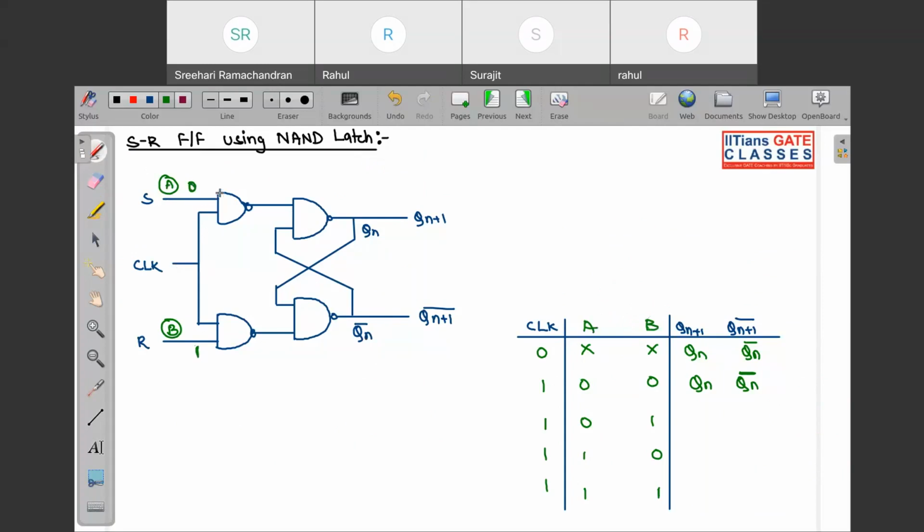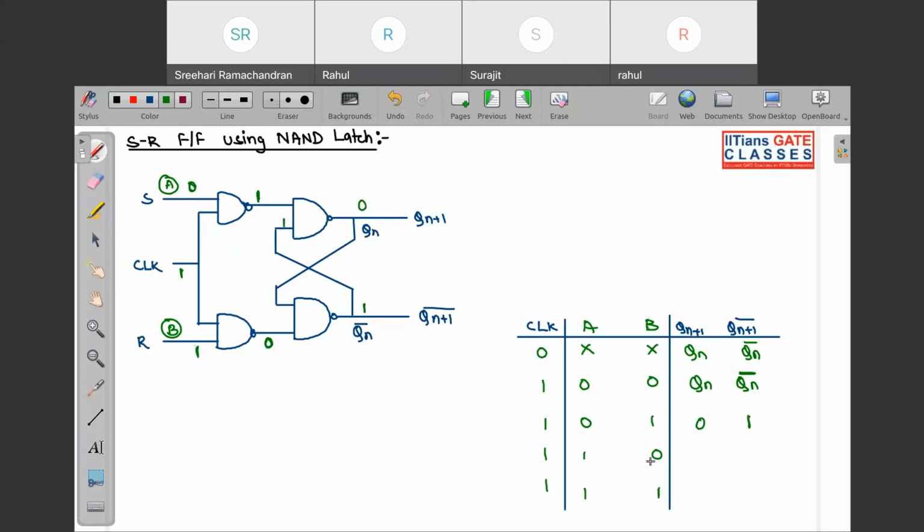Over here, one of the inputs of the NAND gate is 0, so immediately this will be 1, and the clock is 1, so this will be 0. If one of the inputs of a NAND gate is 0, the output will immediately be 1. If this is 1, this one will be latched over here and this will immediately be 0. So Qn plus 1 is coming out to be 0 and this is coming out to be 1.